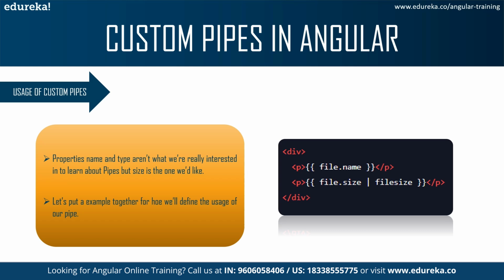To retrieve the name or the property name from the data that I have passed, in this case my image, I am going to have to call it as file.name. And if I want size, that's right, file.size. And file size will be my custom pipe property. Now this property can be used as my pipe property.